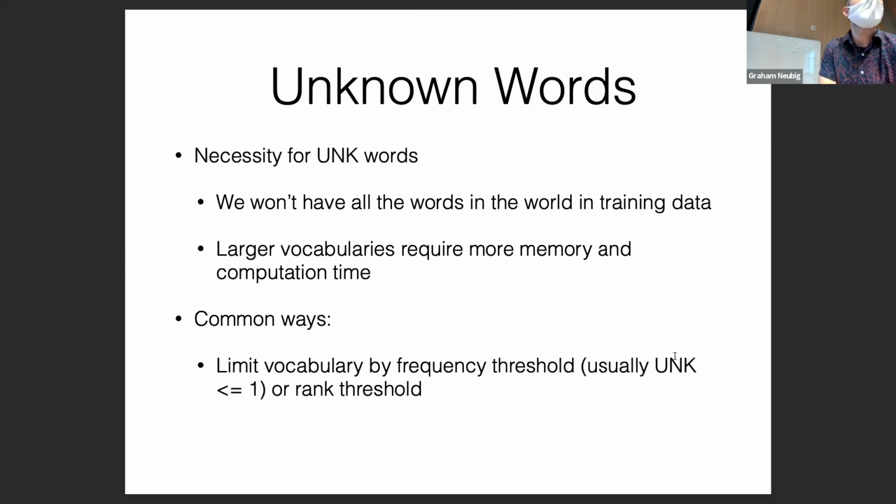So basically, if a word only occurred in our training corpus a certain number of times, then we make it an unknown word. Another more common way to do things nowadays is to model characters and subwords. So we train a language model over characters, or over sequences shorter than words. I'm not going to talk about this in a lot of detail now, but we'll definitely cover it later.